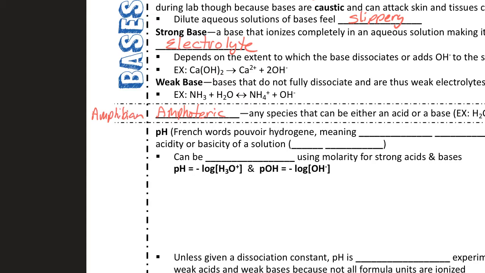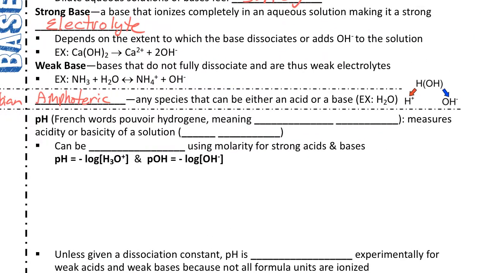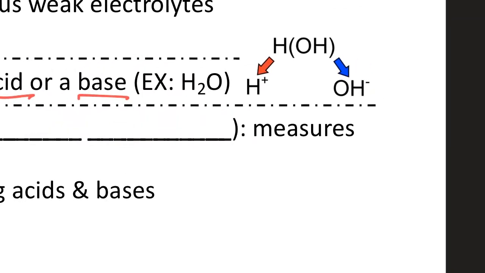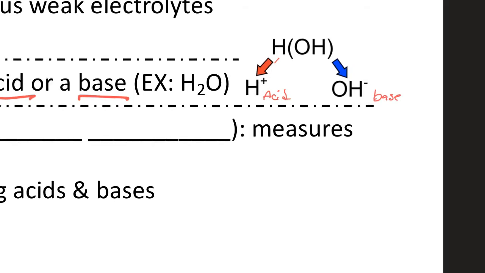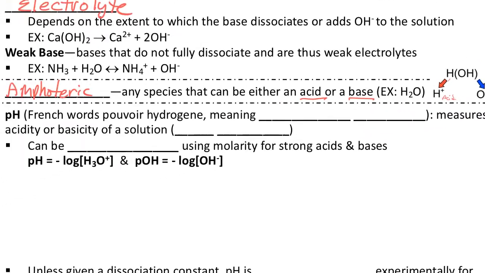An amphibian can be on water or land. Amphoteric can be either an acid or a base. So zooming in on our example here, water. It can give off a proton, and then it would leave this part as our acid, and this part is our base. So it can be considered either an acid or a base, depending on what we're looking at.